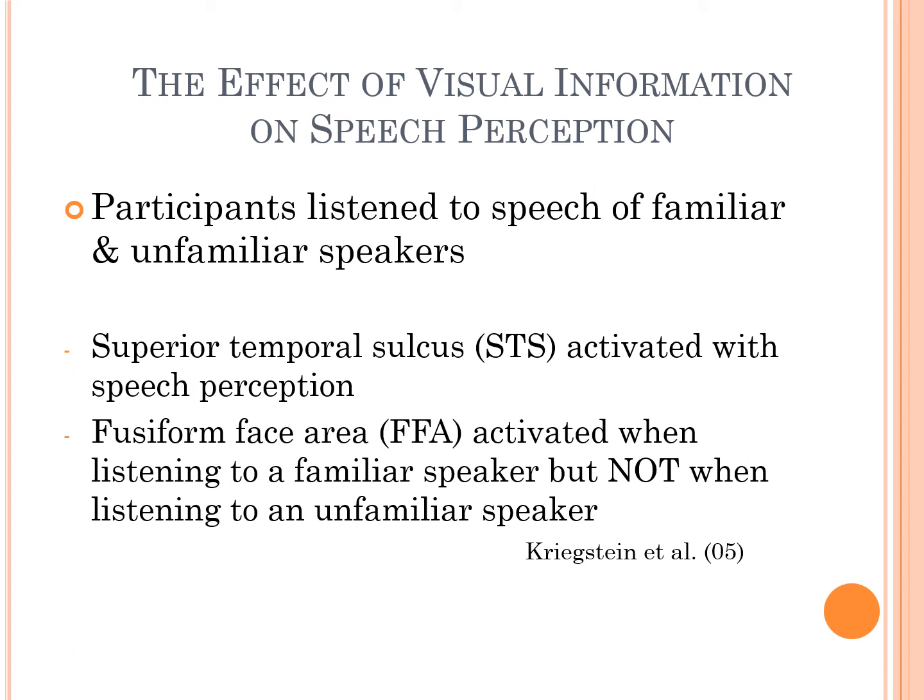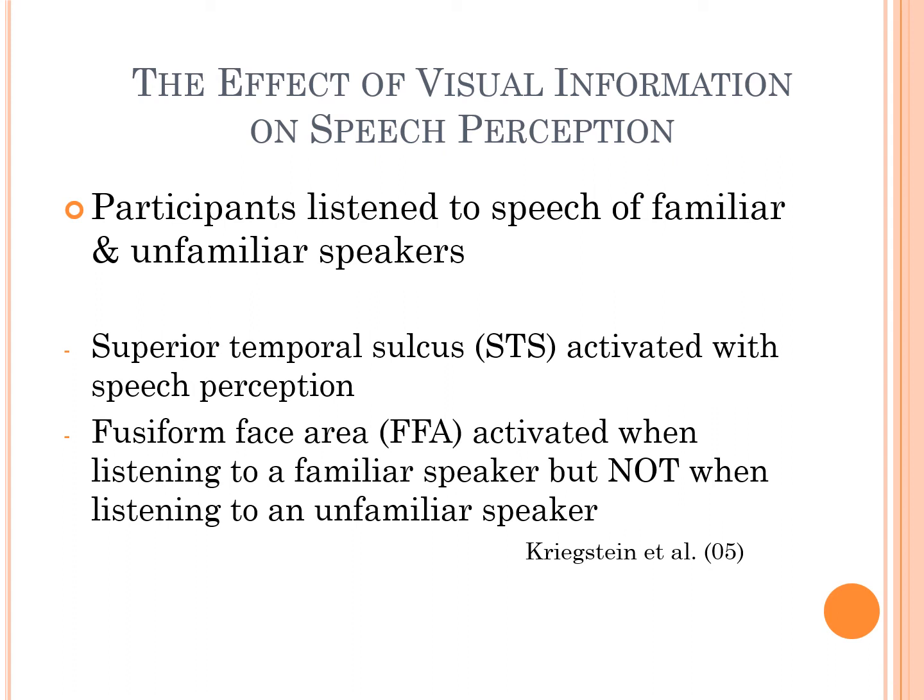If we look at the fusiform face area, this area is activated when we're listening to a familiar speaker, but not when we're listening to an unfamiliar speaker. We have talked about the fusiform face area, this area that is active when we see particular faces.